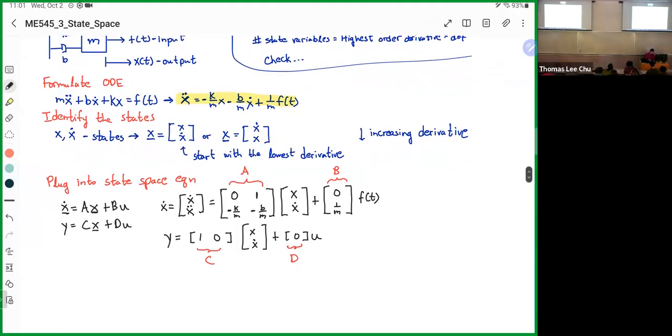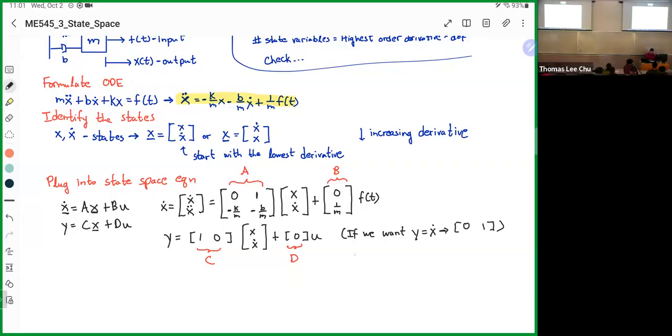Okay, so let's say if we want velocity, if we want y is equal to x dot, then we're going to choose 0, 1 for our C matrix. Because then we're just multiplying 0, 1 with x and x dot to get x dot as the output. So depending on what I ask you for the output, that's how you're going to choose your C matrix.